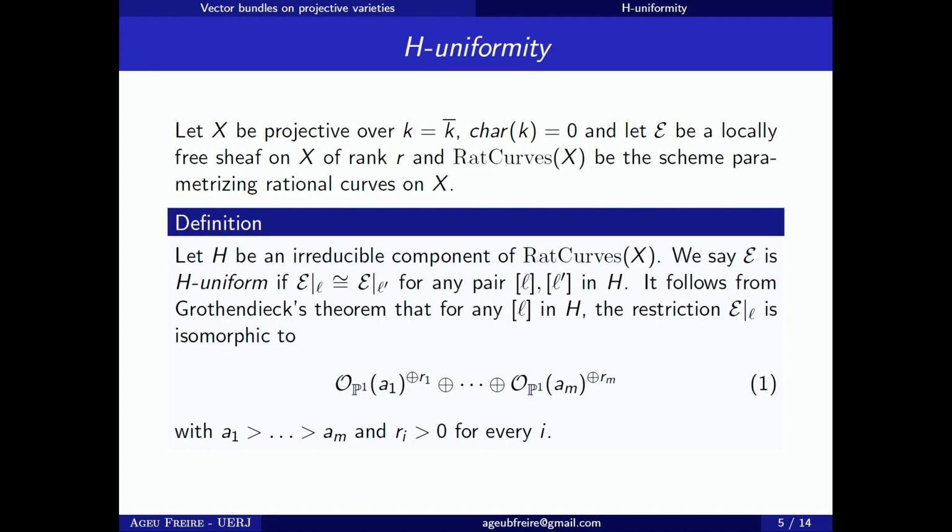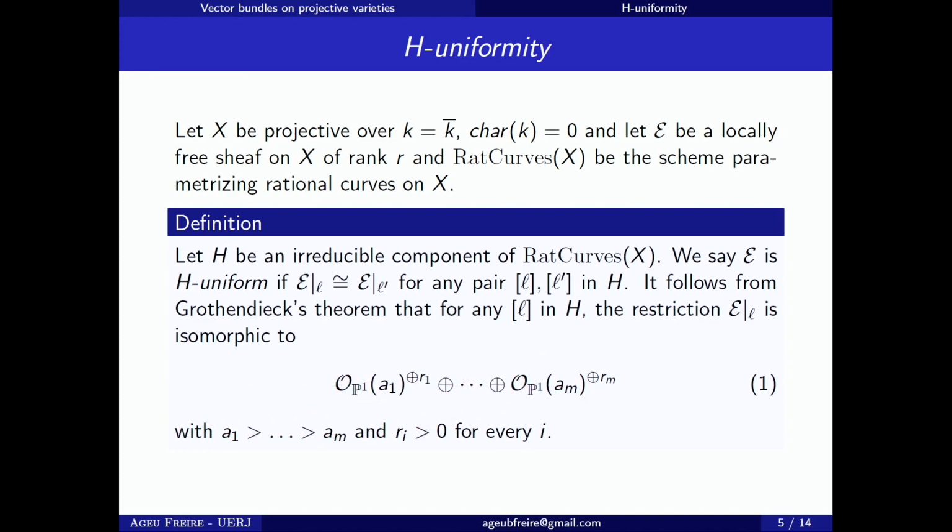Again, by the Grothendieck theorem, it means that there exist integers A1 up to AM such that the restriction to a rational curve in H is isomorphic to this direct sum.